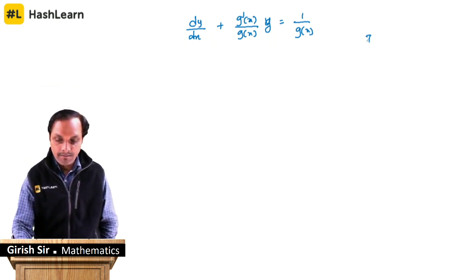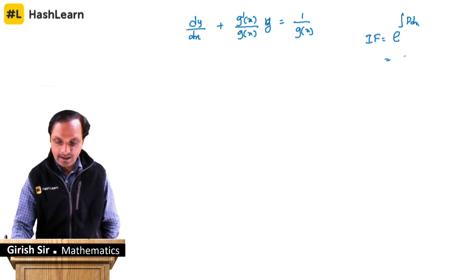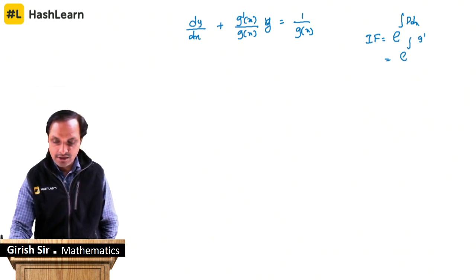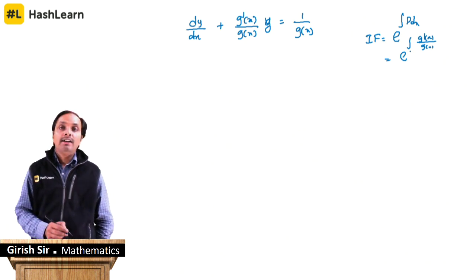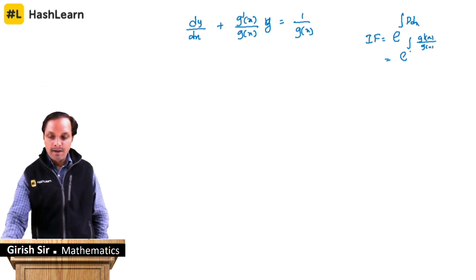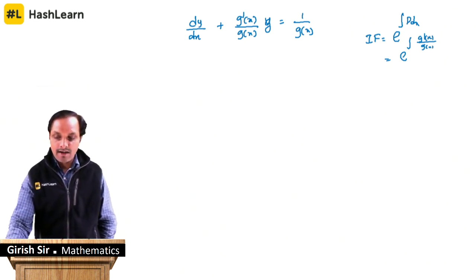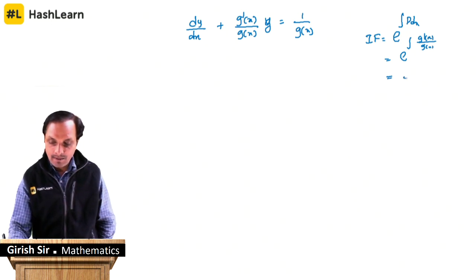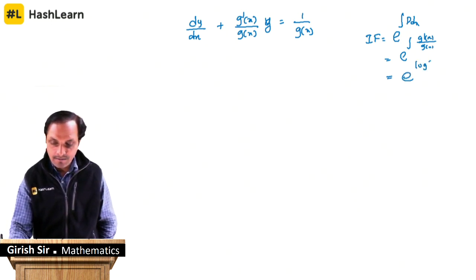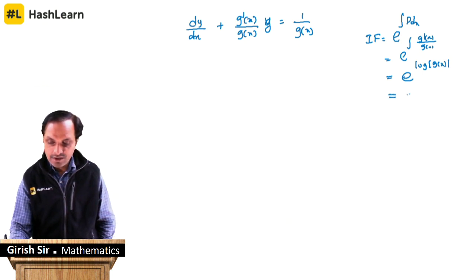Here what will your integrating factor be? e to the power integral p dx, and this is your p dx, e to the power integral g dash of x by g of x. If we take this as v, then differentiation of that will become dv, this part will become e to the power log g of x. So e to the power log g of x is just g of x.